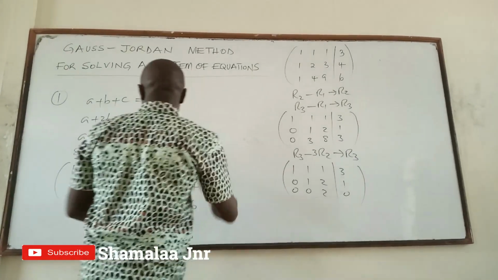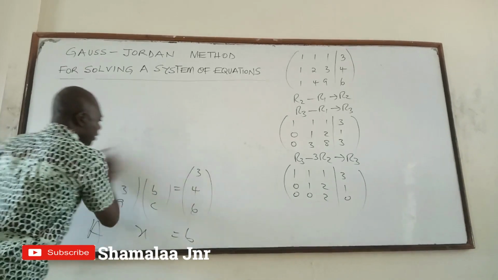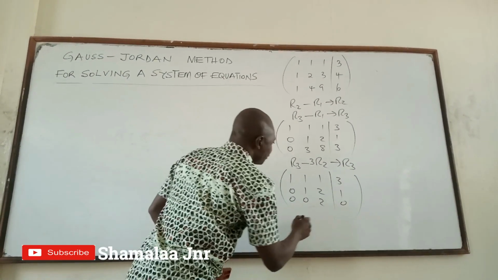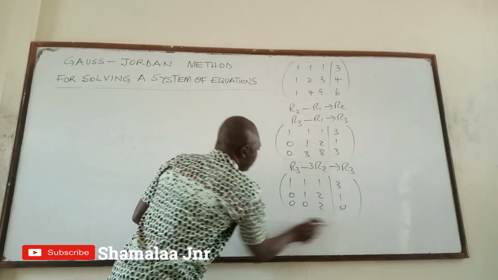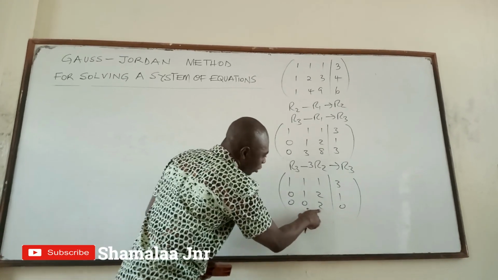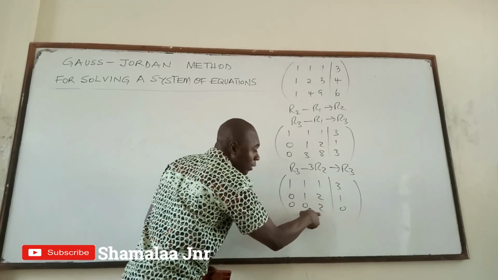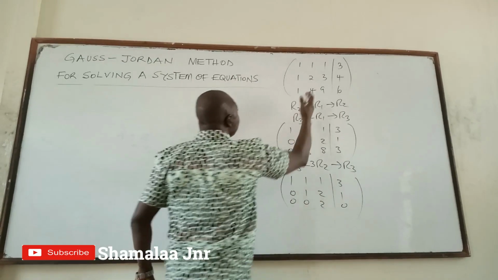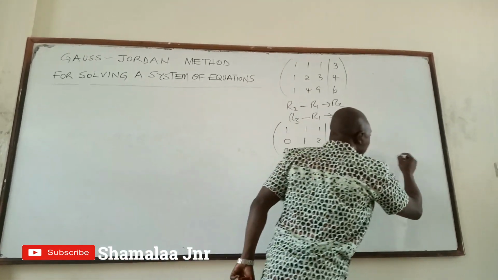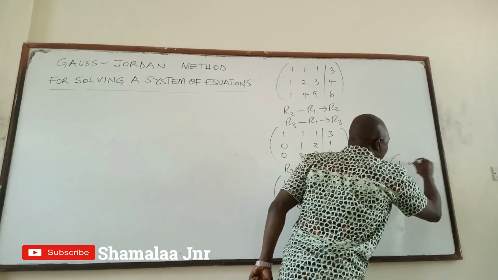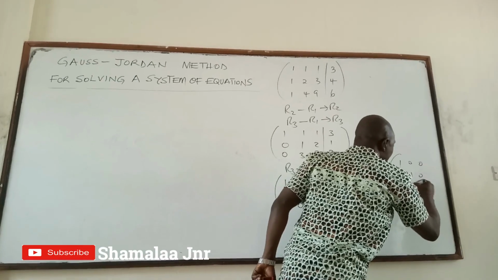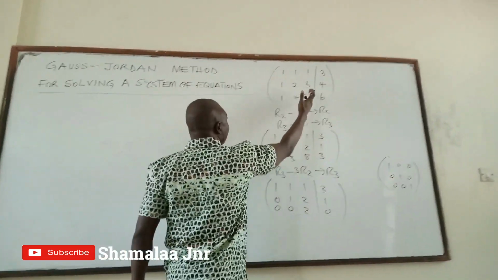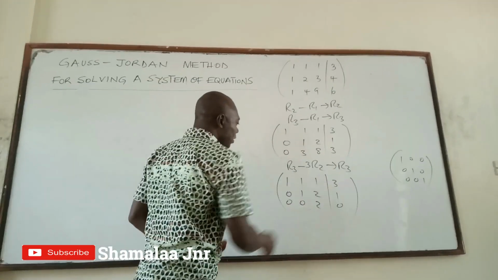So you have been able to cause this one also to go to 0. Now, let me clean this side and continue. Look on the board. You want to cause these to go to 1, so that we have 1, 1, 1. Don't forget, you want to reduce the left hand side to the identity matrix.